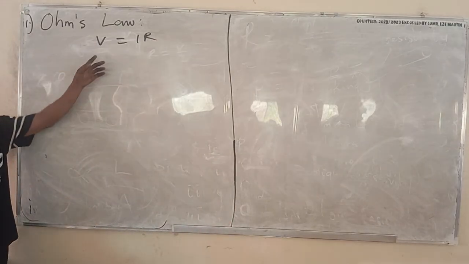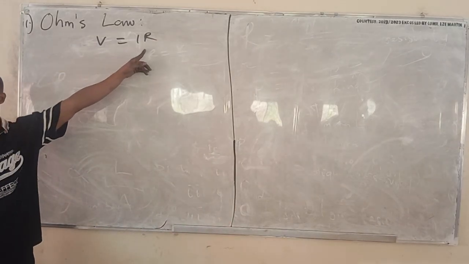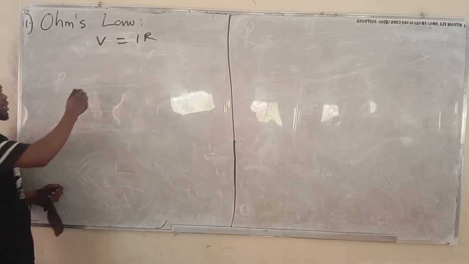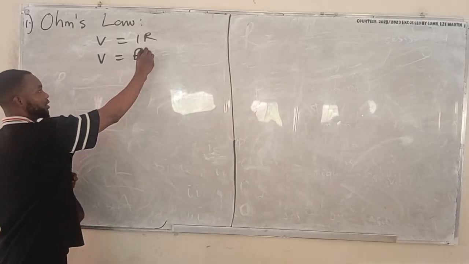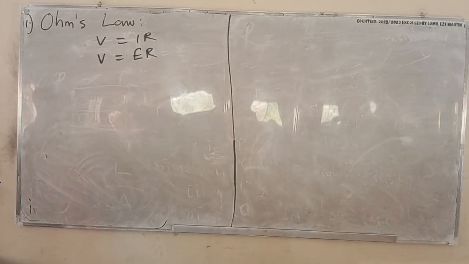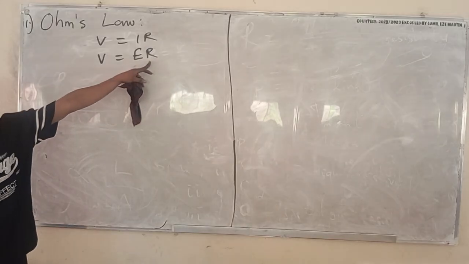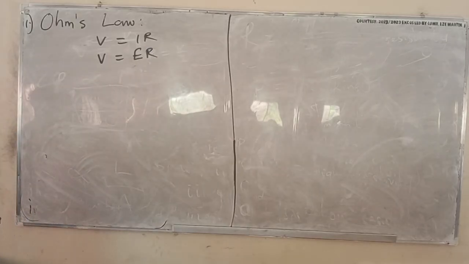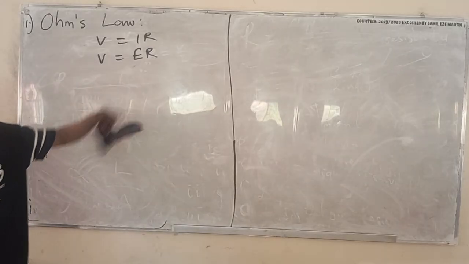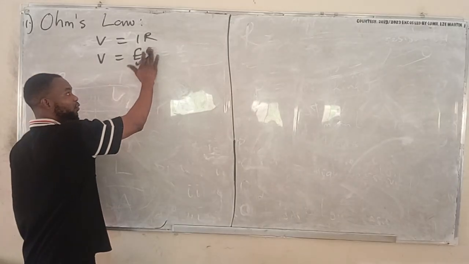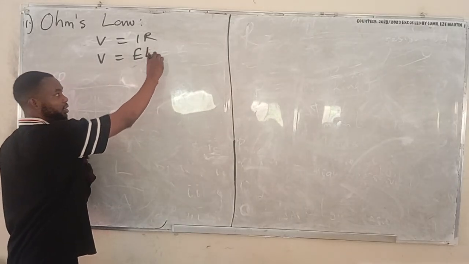Alright, now please, V equals IR according to Ohm's law. Now let's compare the relationship between Ohm's law and electric field. Do you remember that V equals ER? Is it not true? Electric field now. This is electric field, this is R. But notice something. The R here is not resistance, sure you know. It's talking about distance. So since it's wire we are talking about, we replace this with what?